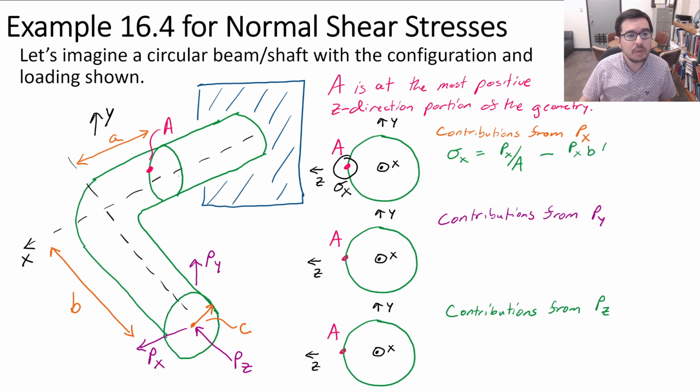So I'm going to subtract away the bending stress. That's going to be given by this moment being applied to the system, which is Px times B, and it's going to be acting at distance C, so that's where A is, distance C from the neutral axis, and over I. So this is the minus My over I. This one maybe is a little tougher to visualize.